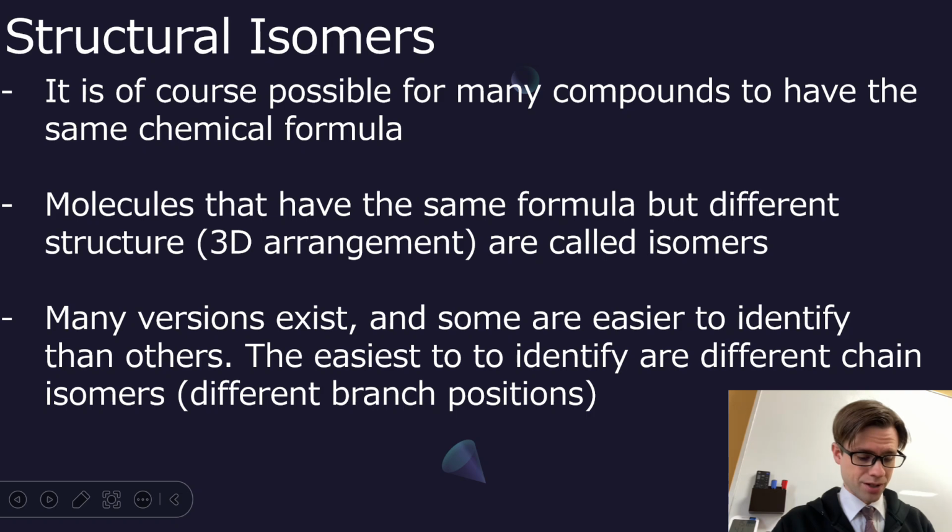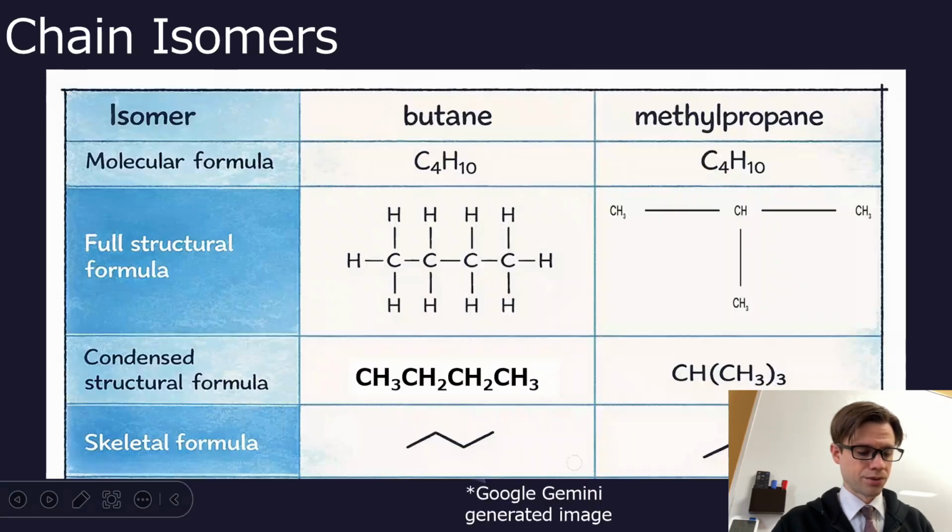Many versions of isomers exist. Some are easy to identify, some are more difficult, but the easiest to identify are different chain isomers, chain positions, branch positions. So I've already shown some of these, but here is an example. C4H10, multiple things have this formula. One example is butane. N-butane just has 4 carbons in a row, but methylpropane also has the formula C4H10.